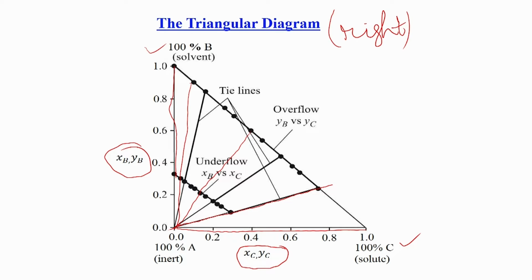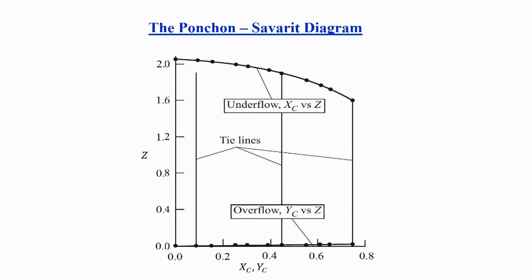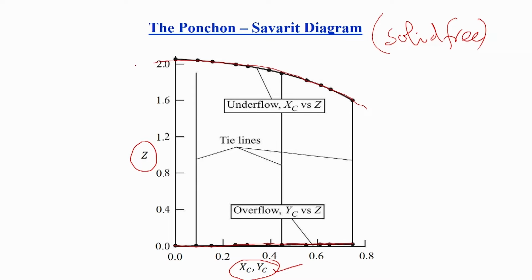Another is the Ponchon-Savarit diagram, which is on a solid-free basis. We will derive how this Z, which is similar to that of the extraction process, and XC and YC are similar to those of the leaching process. Here the underflow will lie almost on the C line, following it but with a value higher than 1.